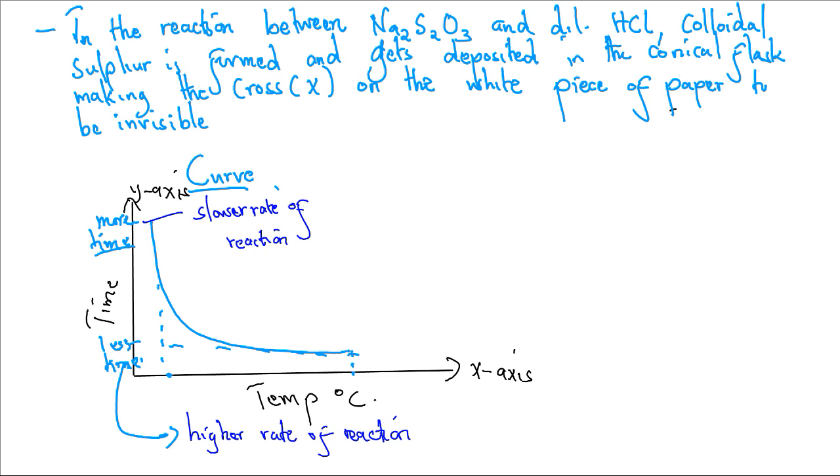In the other case, what shows the nature of the reaction taking place is all about the formation of the yellow precipitate that leads to the disappearance or invisibility of the cross on the white piece of paper.